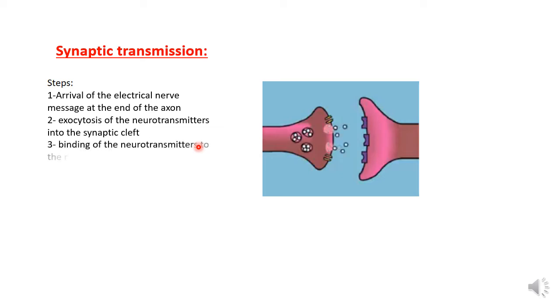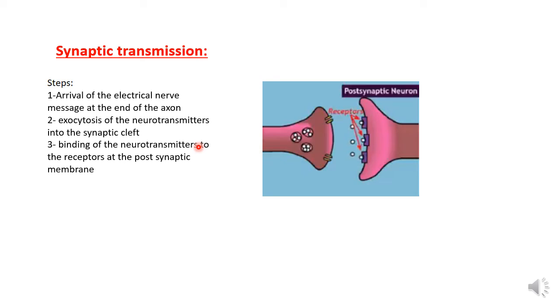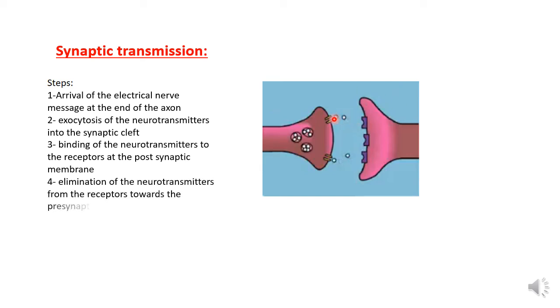Then we have the binding of the neurotransmitters to the receptors at the postsynaptic neuron, and the nerve message is transmitted again electrically. So it begins electrically, then chemically at the synapse, then it continues electrically. And at last, we have the elimination of the neurotransmitter back to the presynaptic membrane.